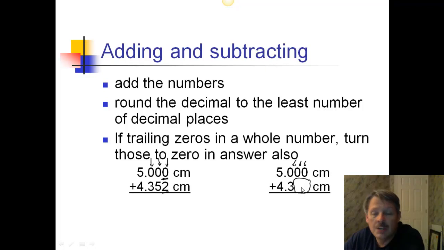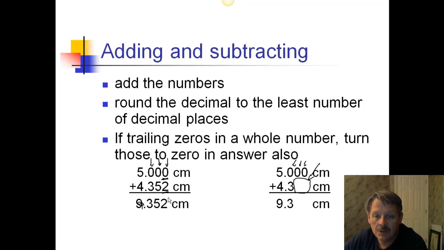So what we tend to do mathematically is put in zeros and just subtract. That's fine mathematically. It is not good from a scientific perspective because you're making up digits over here to the right that do not exist. So when I add these numbers up, I probably have it right below it. I have 9.352 over here on the left, which is correct because those digits are fine.